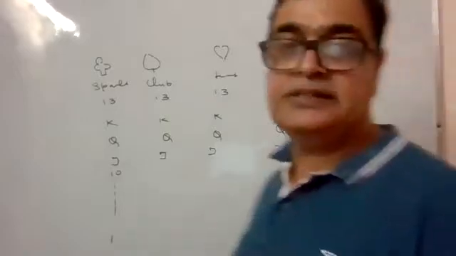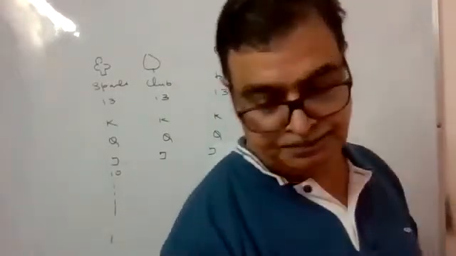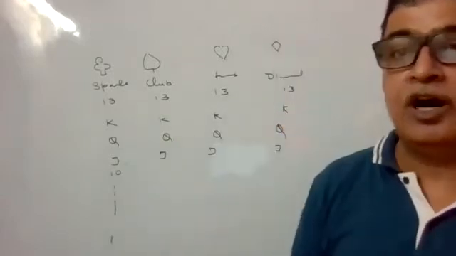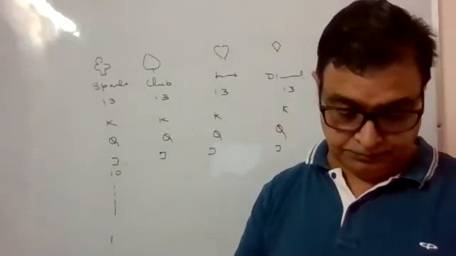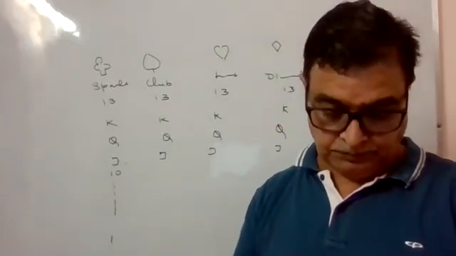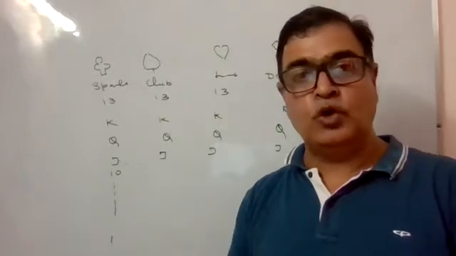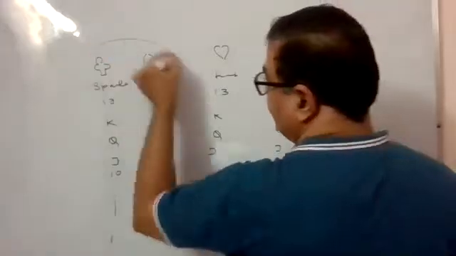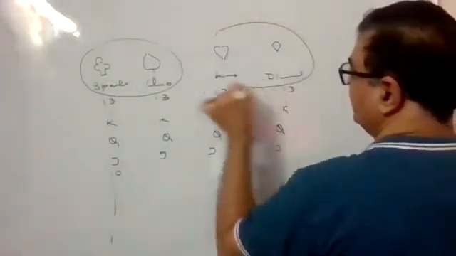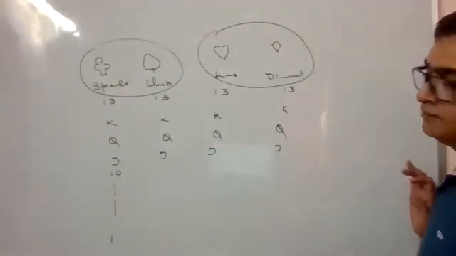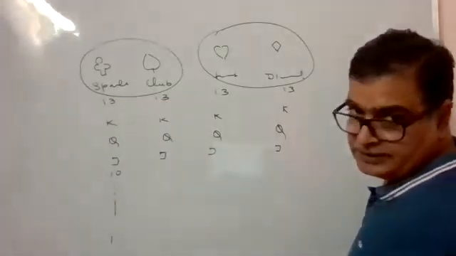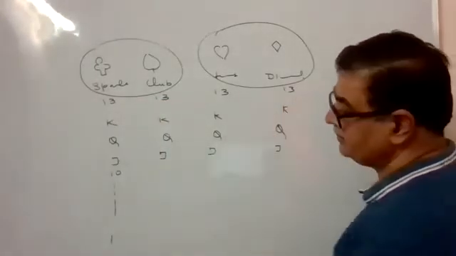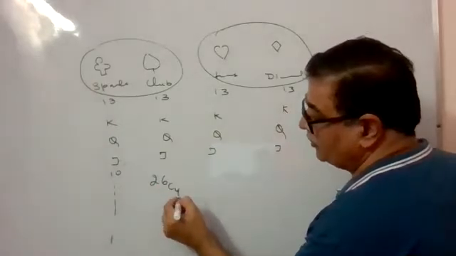All the 4 cards of same color. All the 4 cards coming of same color. All 4 cards same color. Same color means either these will be black, or these will be red. Black cards are 26. Out of these 26 any 4 cards can come. So we will say 26C4.